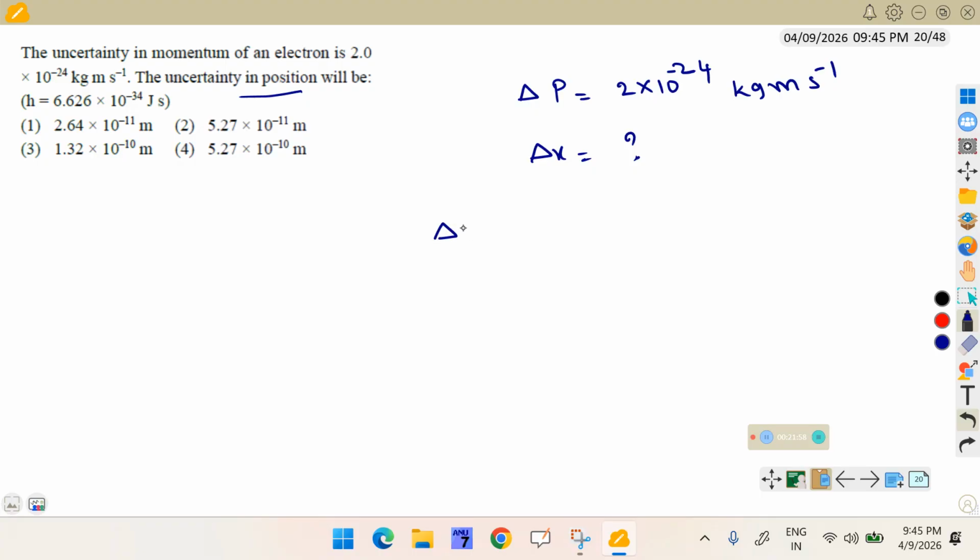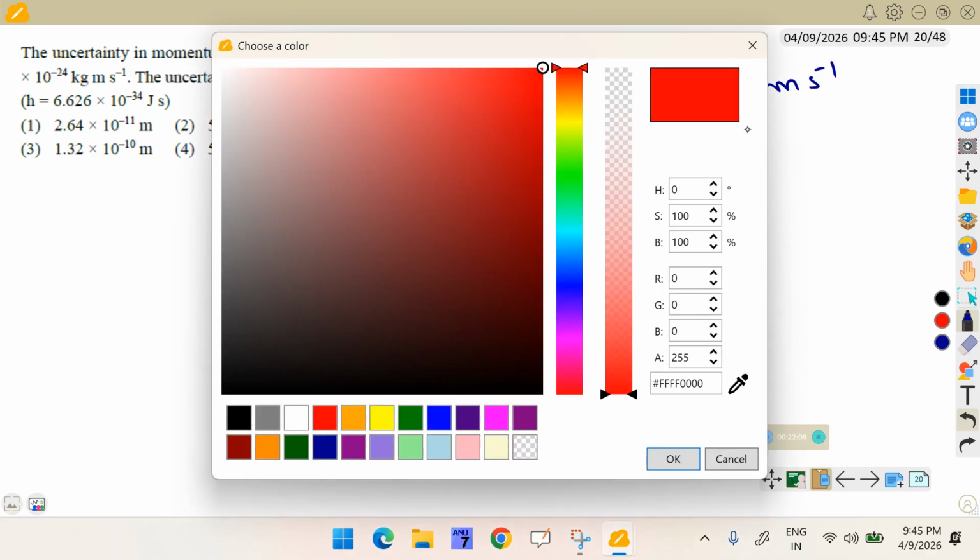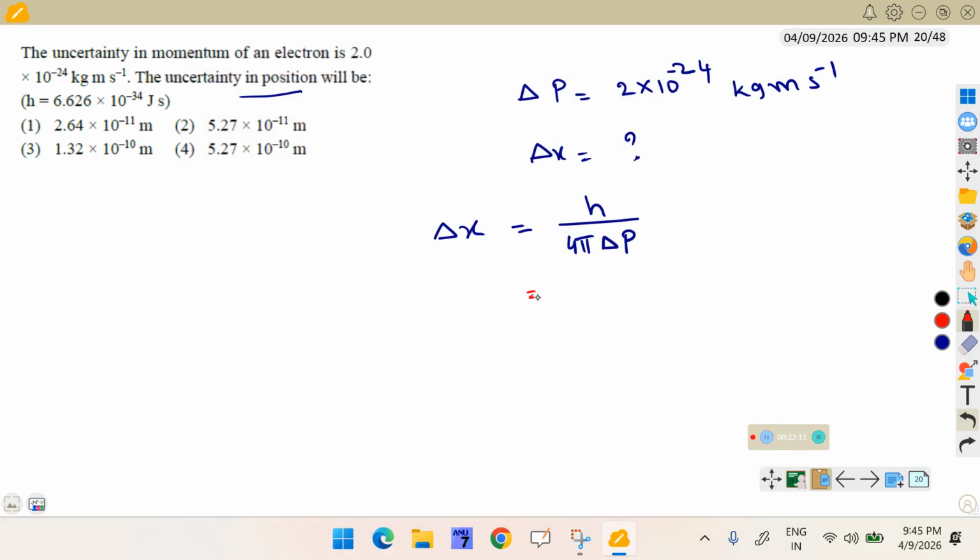According to the Heisenberg uncertainty principle, Δx = h/(4πΔp). The h value is given, Planck's constant, 6.626 × 10^-34, divided by 4 × π (3.14) × 2 × 10^-24.